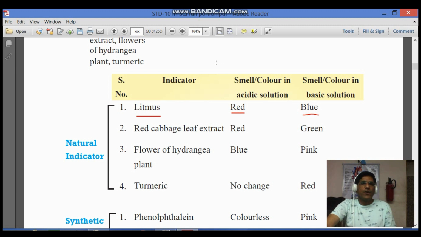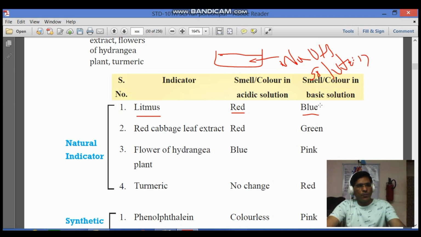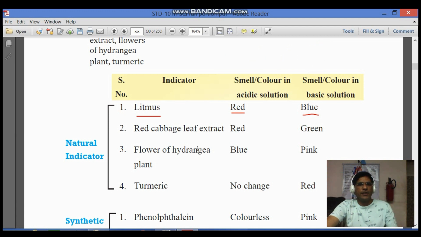When sodium hydroxide, NaOH solution, is in a beaker, we know that NaOH solution is a base. Now if we put litmus paper, it will turn blue. So that is an example related to litmus paper.